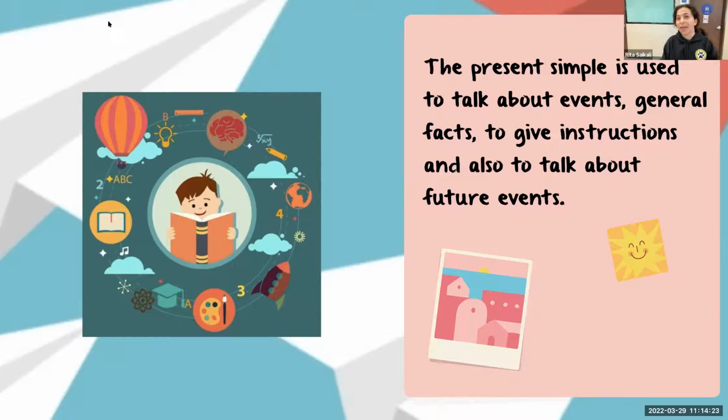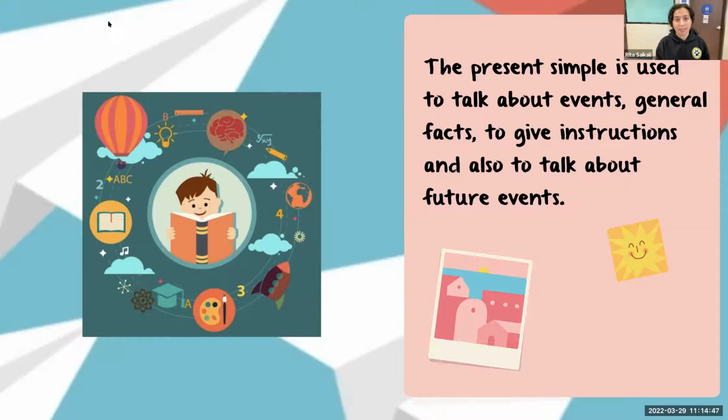Cool. The second part is general fact. For example, the sky is blue, okay? The table is round. The computer is white. These are all general facts, things that we know are true, okay? So again, we have events, okay?